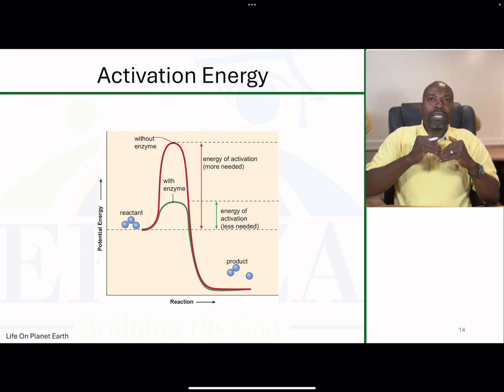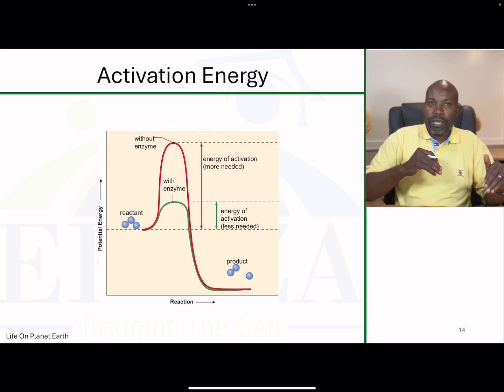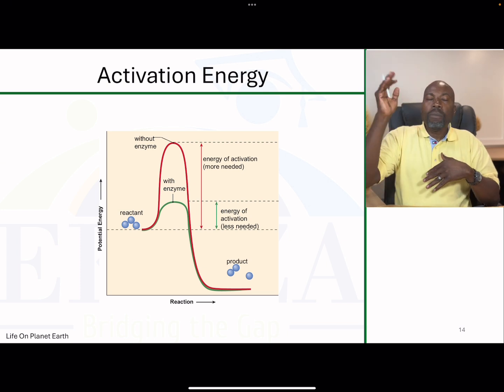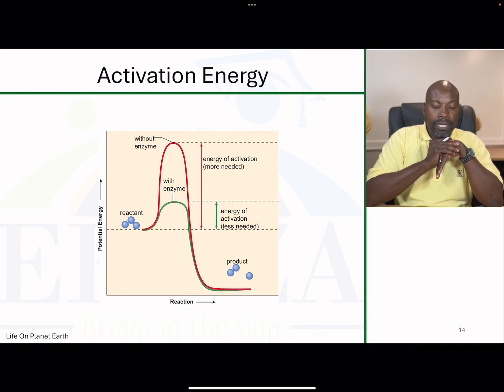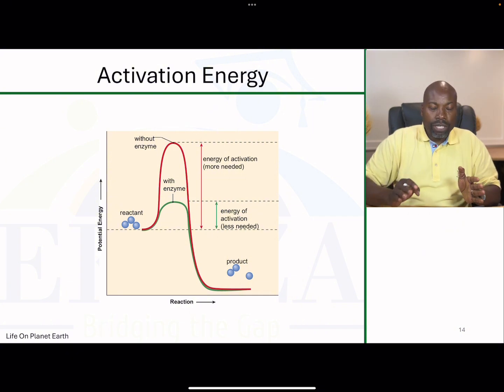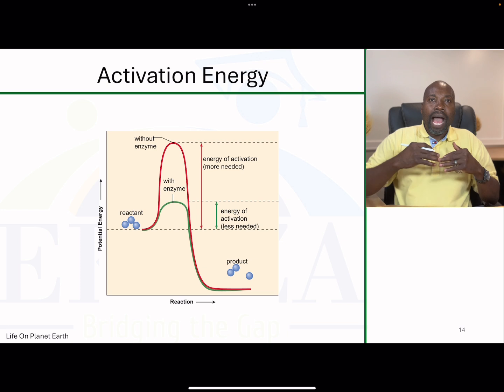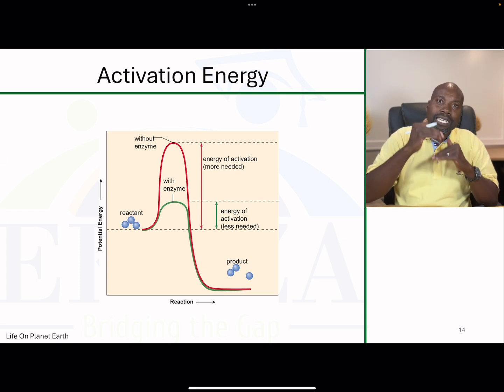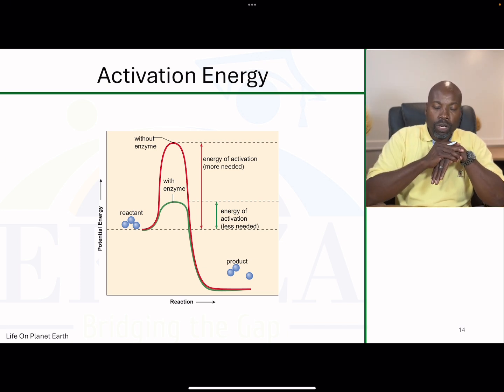These price tags in a corporation are not set by the cashier. No, they are set somewhere in a corporation, right? Every single chemical reaction in our system has a level of energy that is needed for that chemical reaction to occur.